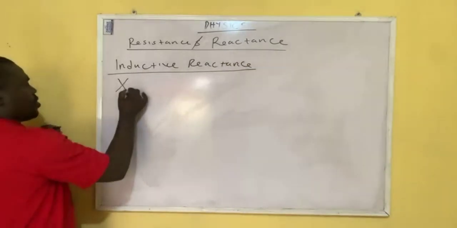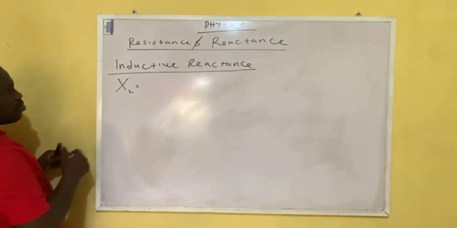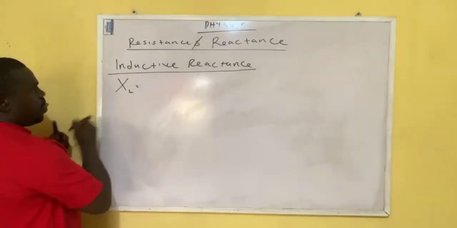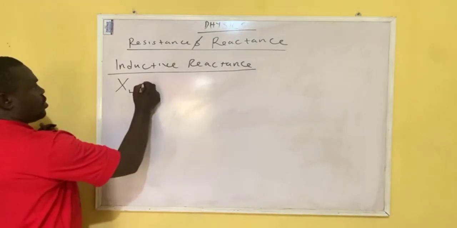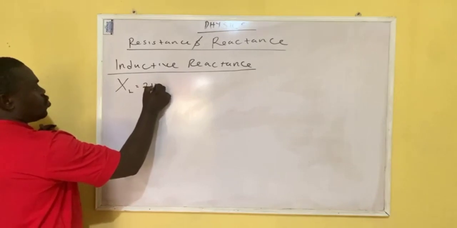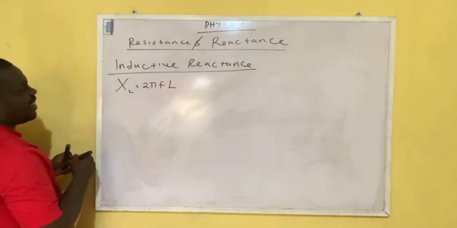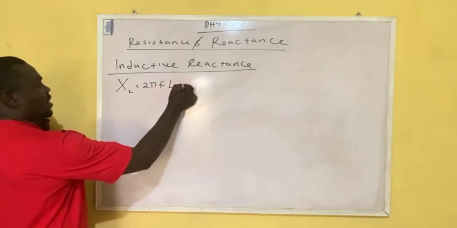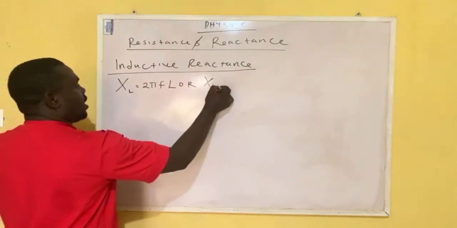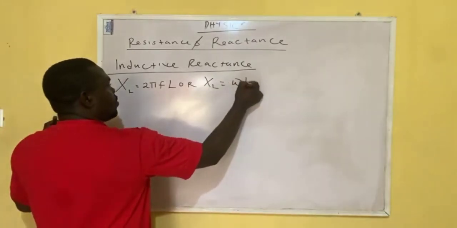It is represented with XL, and this XL is 2 pi fL. In other words, it can also be WL.